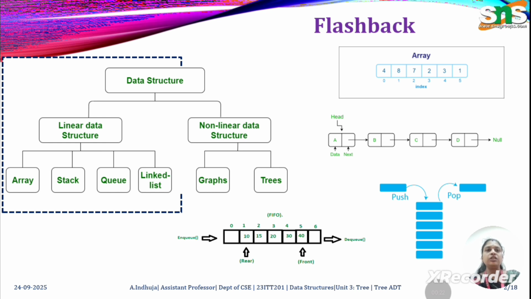So what is the difference between linear and non-linear data structure? In linear data structure you will be having only one predecessor and one successor. If you are moving forward, you will be having one successor, so your decision is easy. If you are moving backward, that is backtracking, you will also have only one node which is a predecessor. So in that direction also your processing is easy.